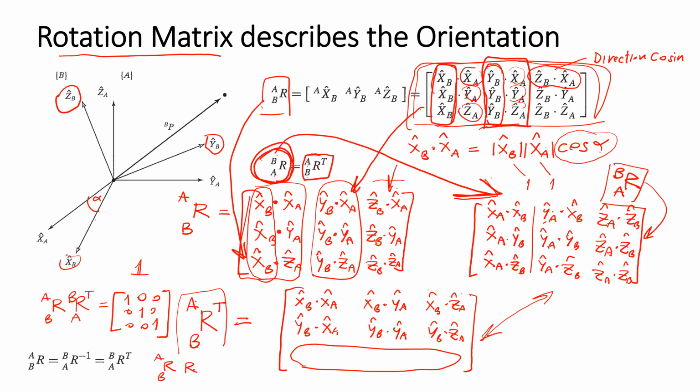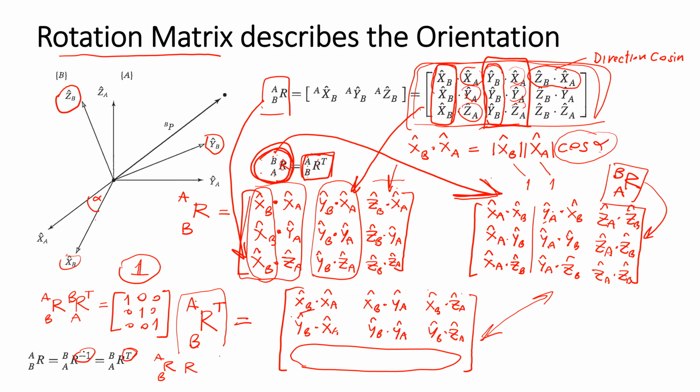We know that if a matrix is multiplied by its inverse, we will get the unit matrix. So not only is A with respect to B equal to B with respect to A transposed, but the transpose itself is also equal to the inverse matrix.